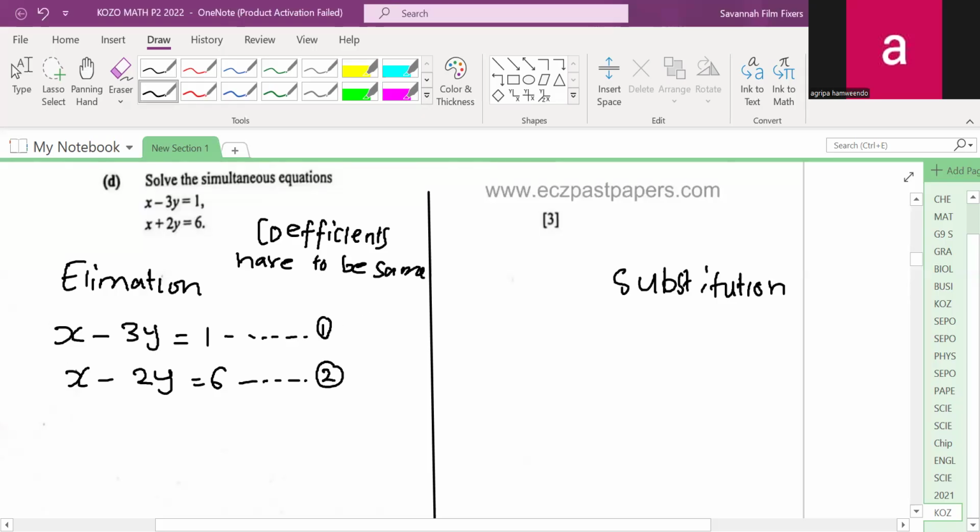So if I wanted to eliminate x, I would multiply. So the coefficient here is 1. The coefficient here is also 1, meaning these two have the same coefficient, meaning I can eliminate x without a problem. But if I wanted to eliminate y, these two coefficients here have to be the same.